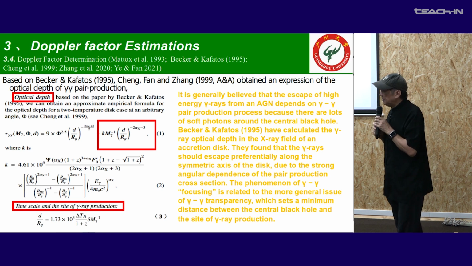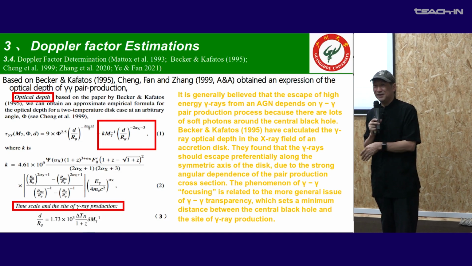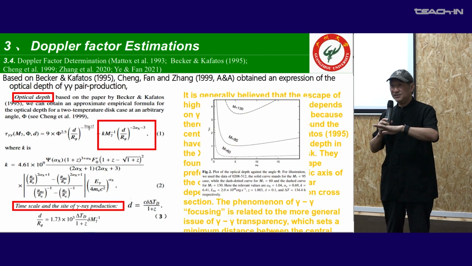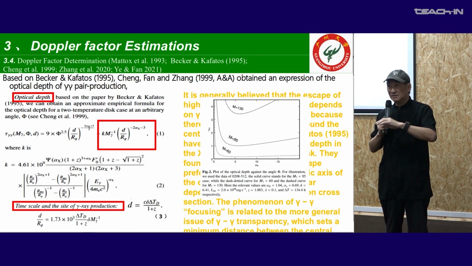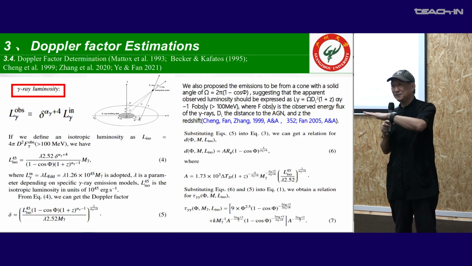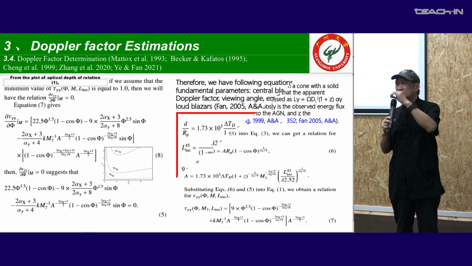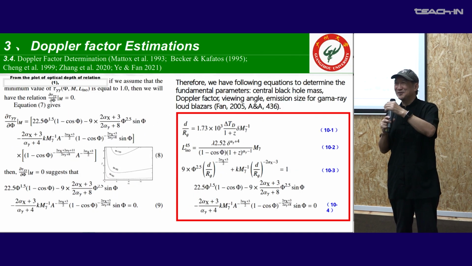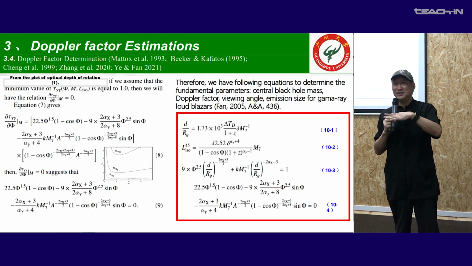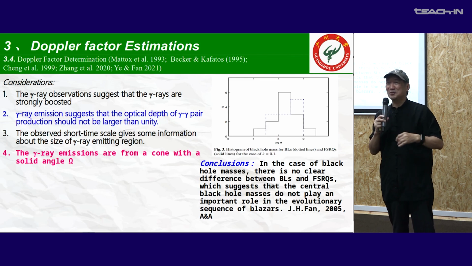In 1995, Dondi and Ghisellini considered another scenario. They consider that the gamma rays pass through a high temperature disk field, and then the gamma ray can be observed. It means that the condition is also that the pair production optical depth is not so high.